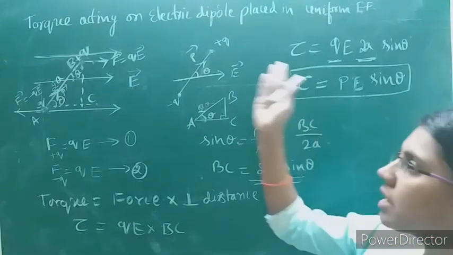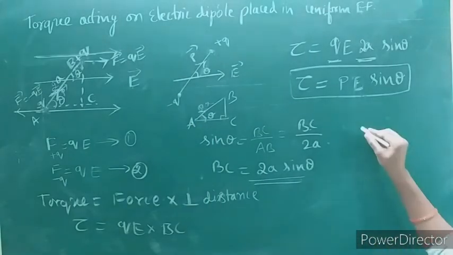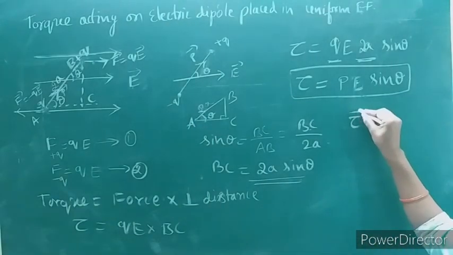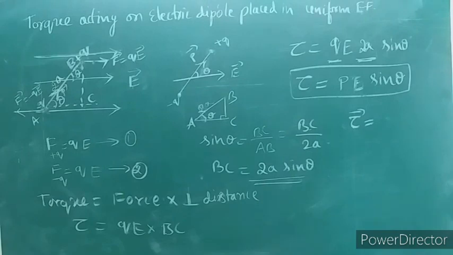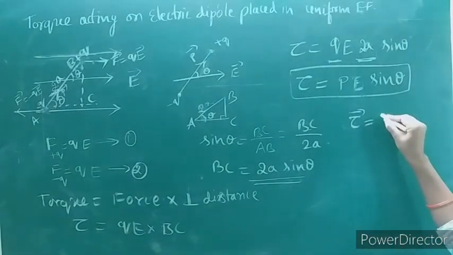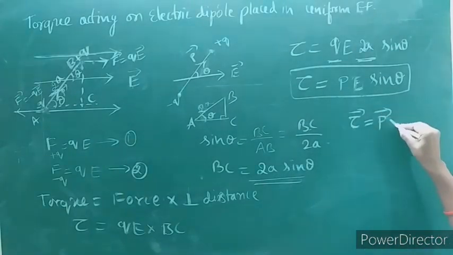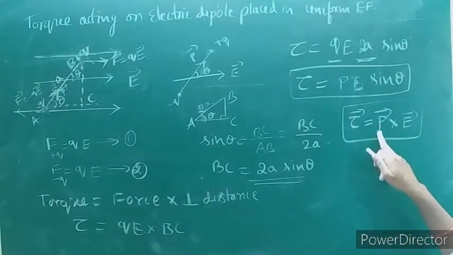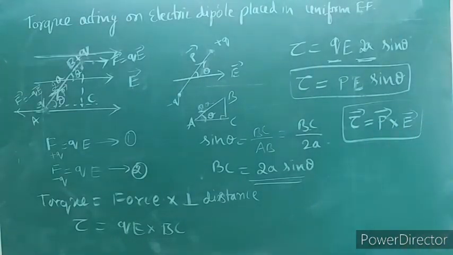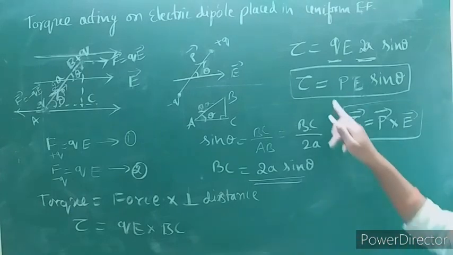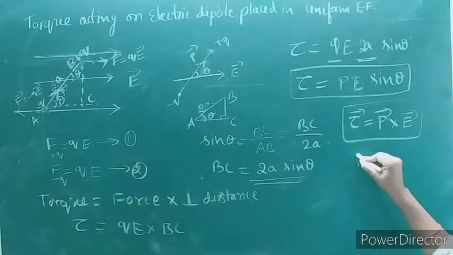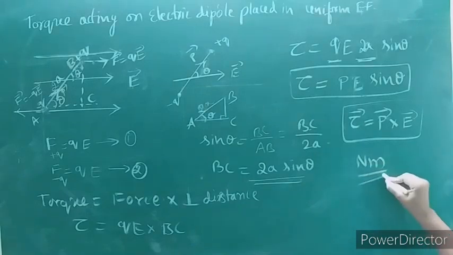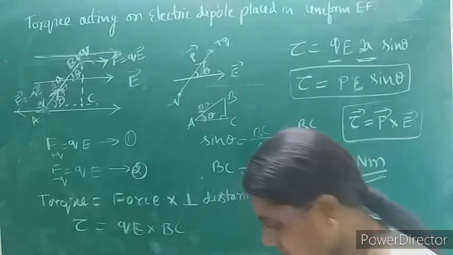So torque is a vector quantity and can be written in vector form: vector tau equals vector P cross vector E. So torque can also be defined as the cross product of the dipole moment vector and the electric field vector. The SI unit of torque is Newton meter.